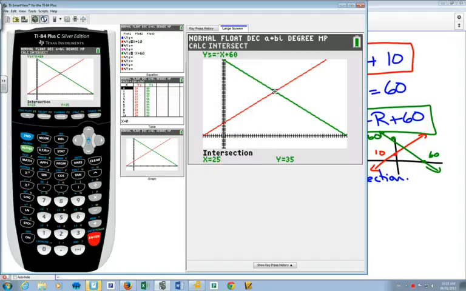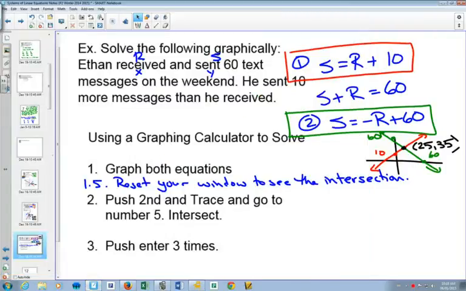Yes, 25 and 35. So we have solved this with our graphing calculator. The 25 was our x, which is how many he received, and 35 is how many he sent.